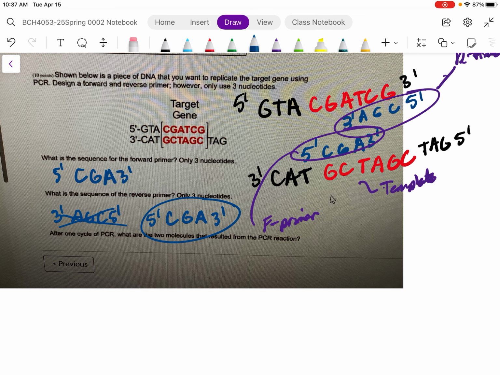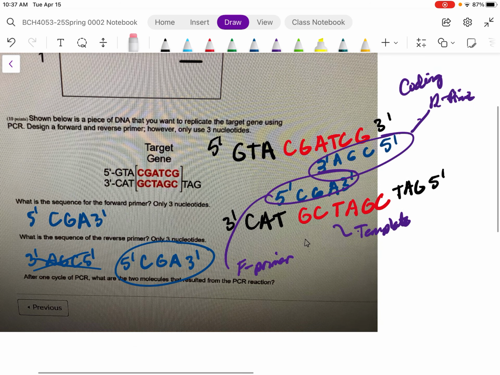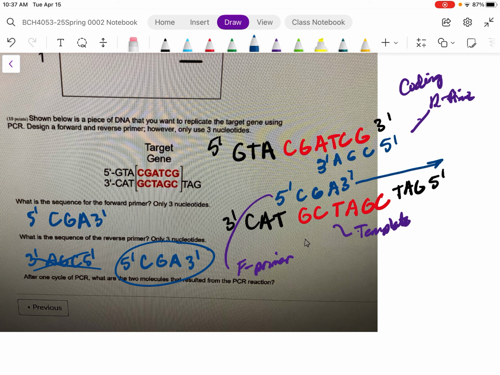Okay, and that's the reverse primer. So after one cycle, what's going to happen here? Well, if we clean this up a little bit, what's going to happen with the forward primer, it's going to synthesize from here like that.